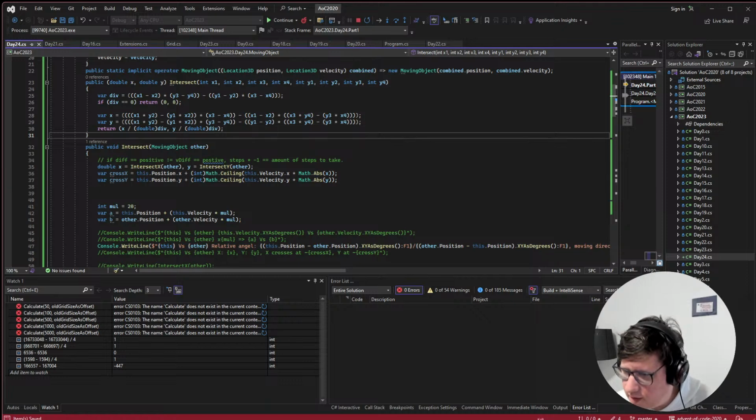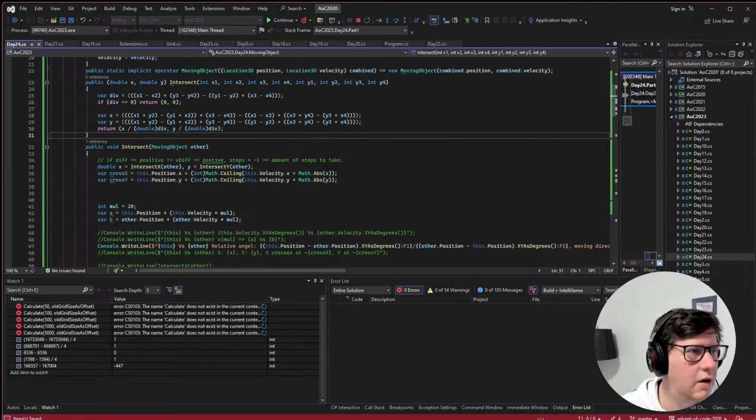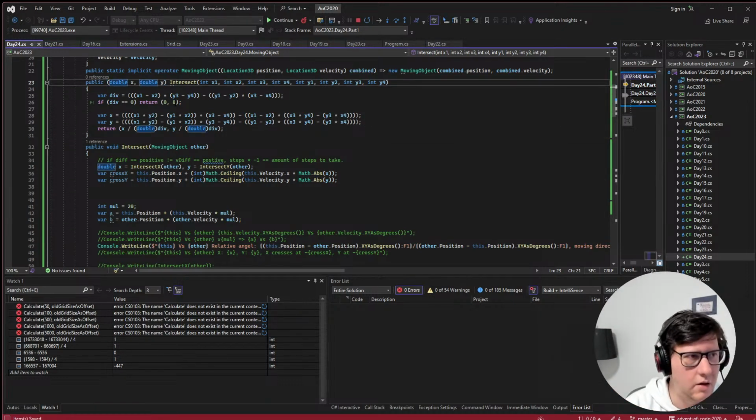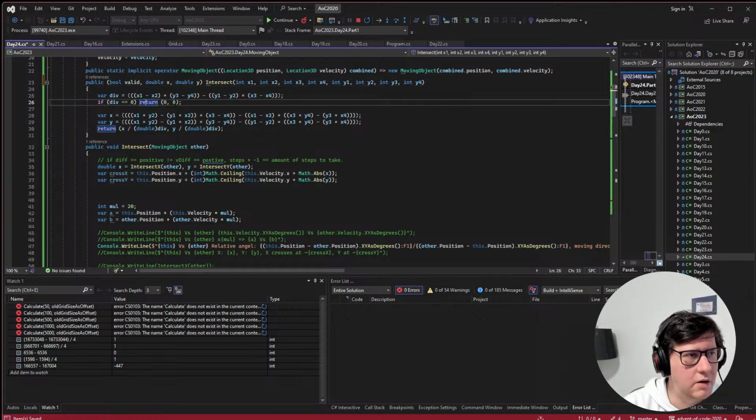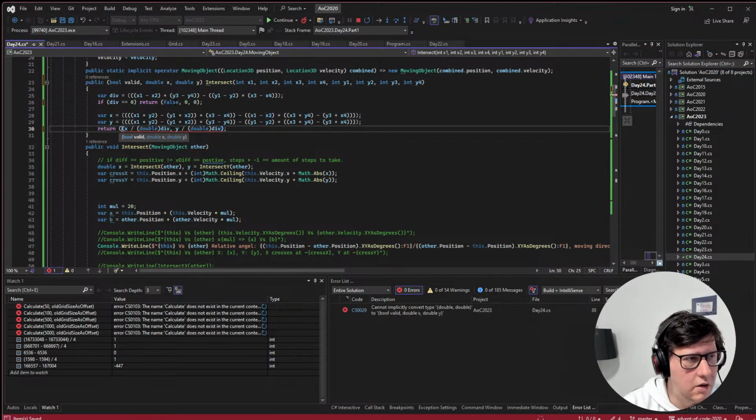Let's see, 0, 0 is valid, need to add additional flag, okay. Bool valid, okay, false, true, like this.